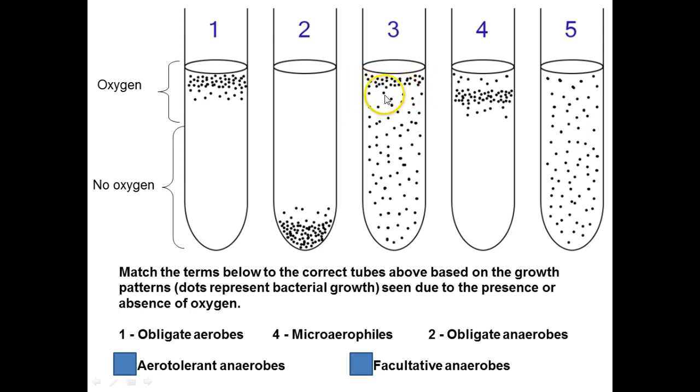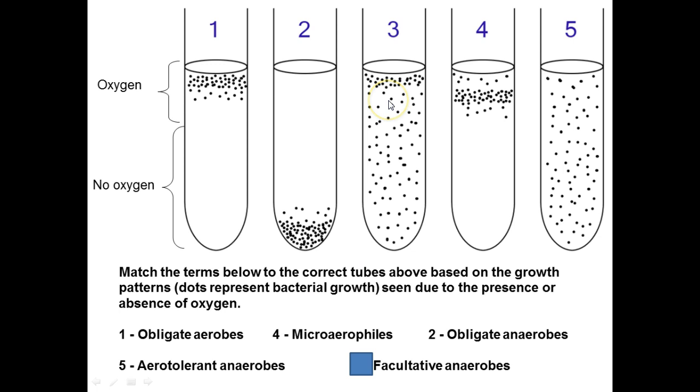That's in the oxygen zone. Aerotolerant implies that they can tolerate oxygen. Do they utilize it though? No. So their growth pattern shouldn't change in the oxygen zone, right? So they're number 5. Their growth pattern is uniform all throughout the tube. In the oxygen and non-oxygen zone, we have about the same amount of growth, right? Same concentration of dots.